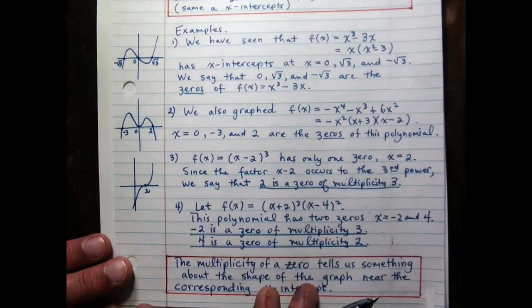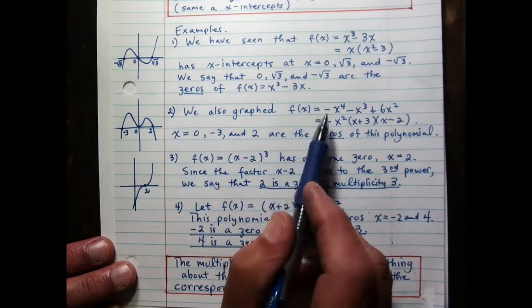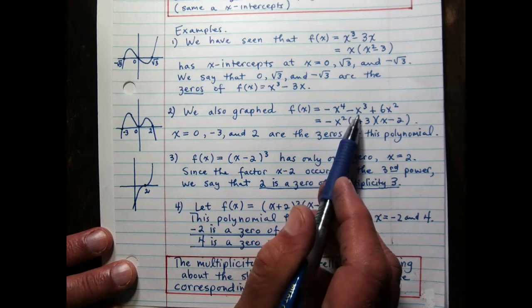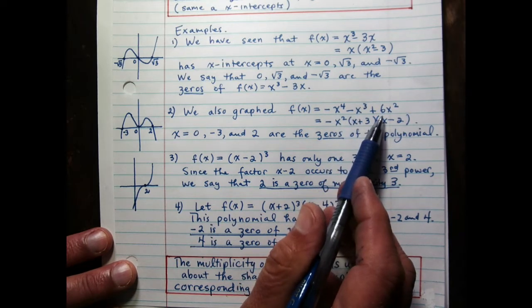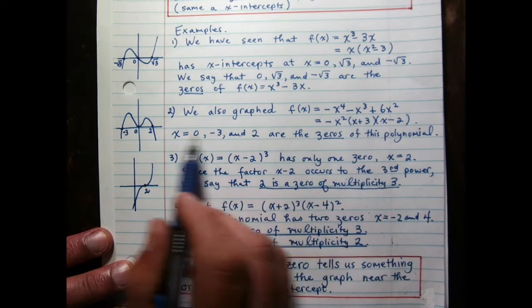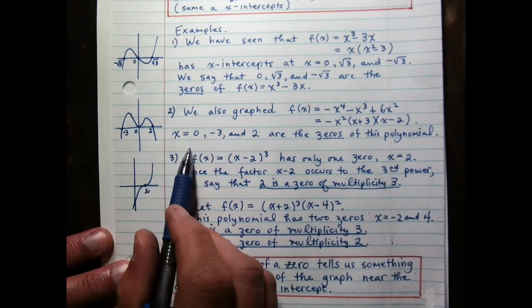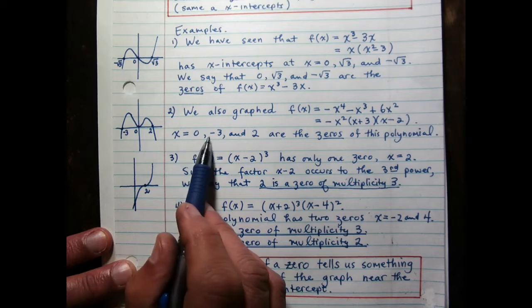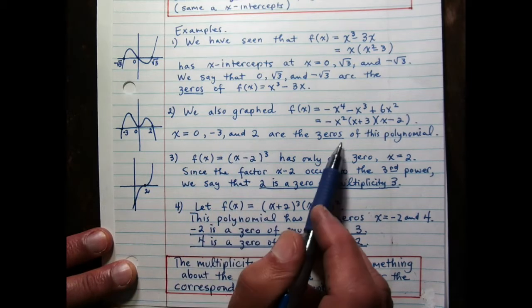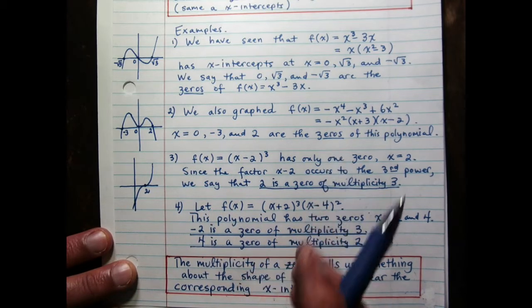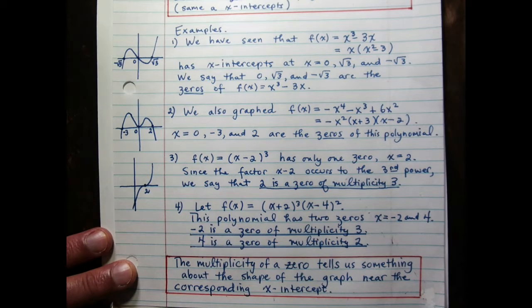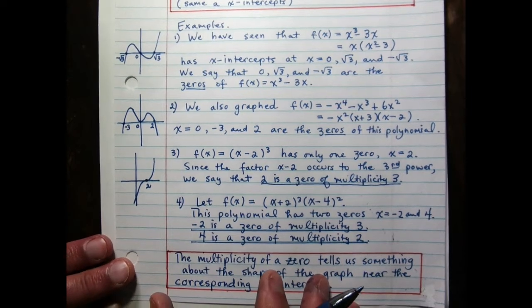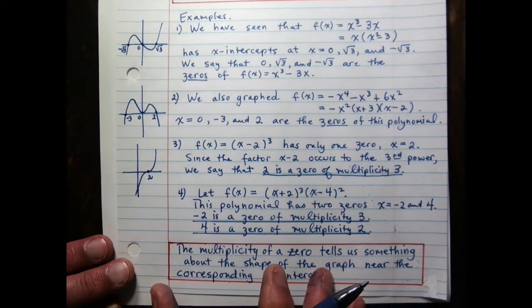Another example that we just graphed recently was f of x equals negative x to the 4th minus x cubed plus 6x squared. And we found its x-intercepts as we drew the graph. So for this function, we would say 0, negative 3, and 2 are the zeros of the polynomial. They're the x values that when you plug them into the function, you get a y value of 0.